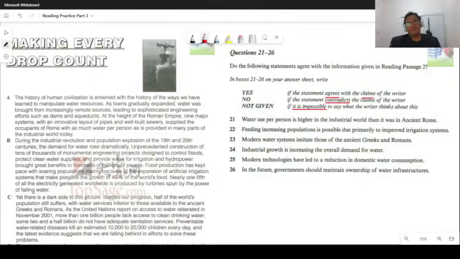Water use per person is higher in the industrial world than it was in ancient Rome, right? Okay. So it says here per person is higher.